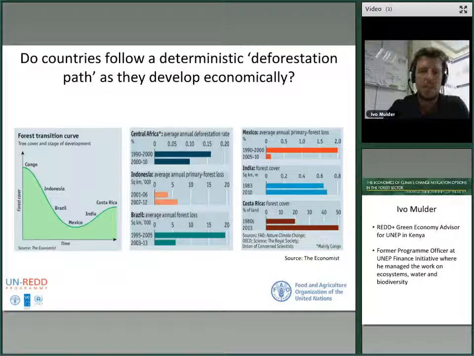In other words, do they start from a position where at the lower end of the economic development ladder there's still a lot of tropical forest, but as they develop economically, the rate of deforestation progressively increases until at some stage, due to a number of reasons, that rate of deforestation slows down. That is, of course, given the enormous loss of tropical forest over the past decades, not something we want to continue, ideally.